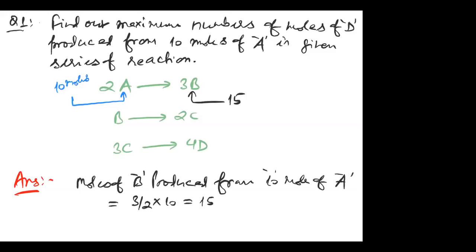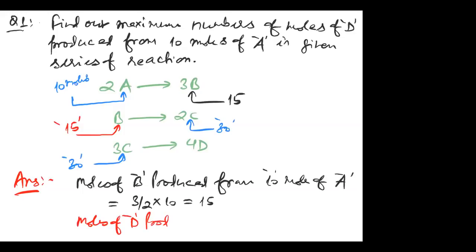Again, if we have 15 moles of B, double that should be the moles of C, so moles of C should be 30 moles. And from 30 moles of C, the moles of D produced should be 4/3 multiplied by 30, which is 40 moles. So this 40 moles of D should be my answer.